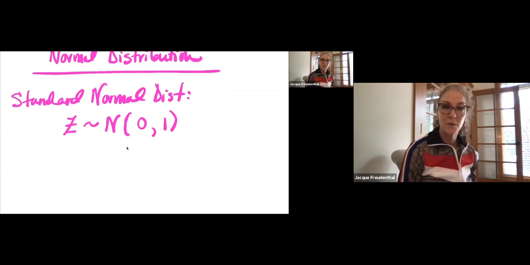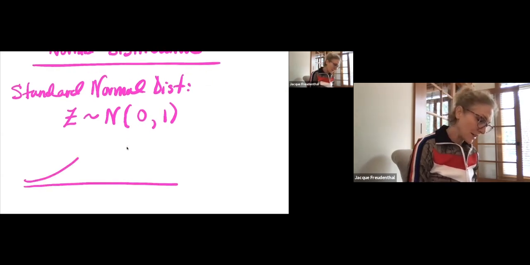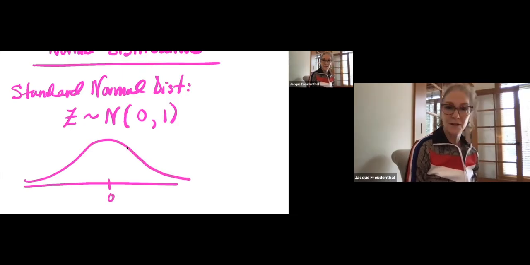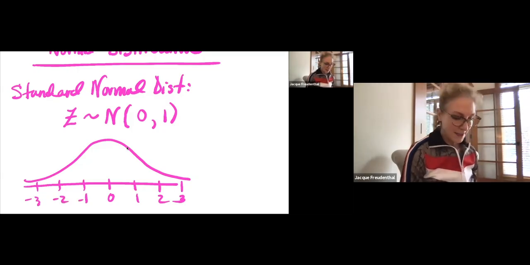Those are the parameters that the standard normal distribution has. We know it's a bell-shaped curve where the mean is 0 in the center, and the z-scores are like a number line listed across the bottom.